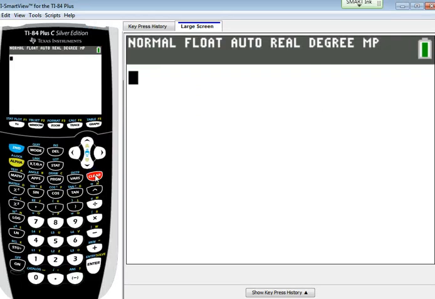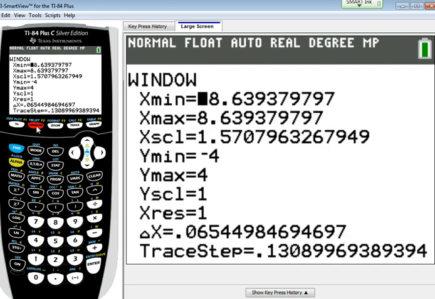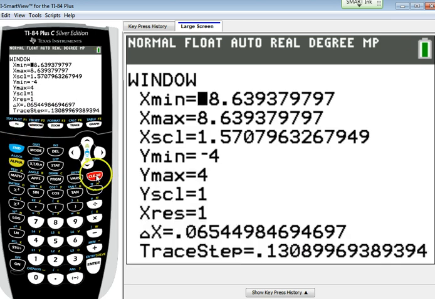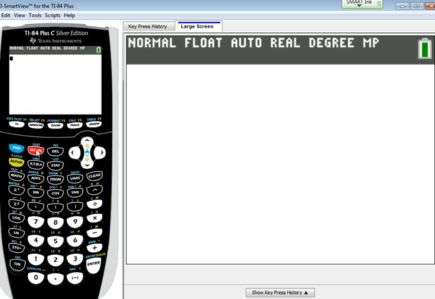If anybody has those special options, you get alpha window. Yeah, alpha, if you do alpha y equals, you get this little fraction key, which is kind of cool. So if you wanted to put this in at once, I think it'll read it if you use that.